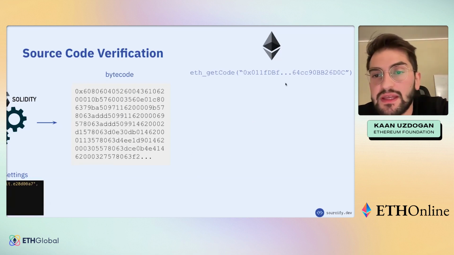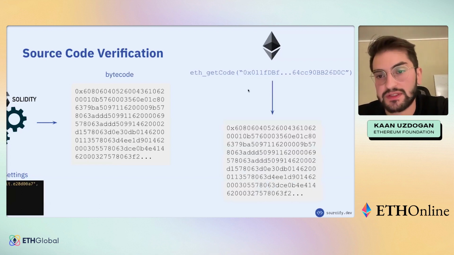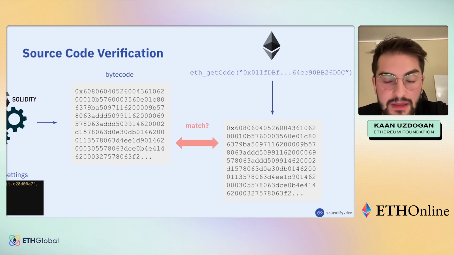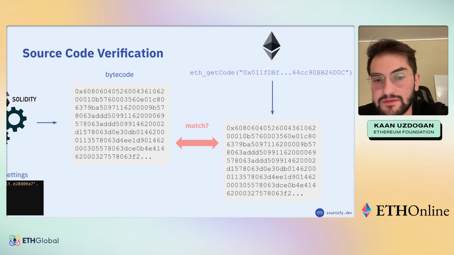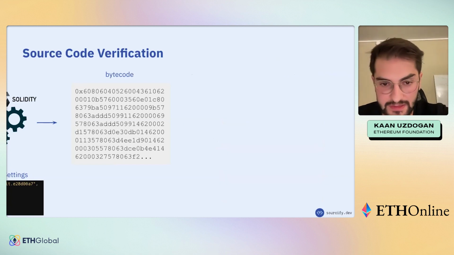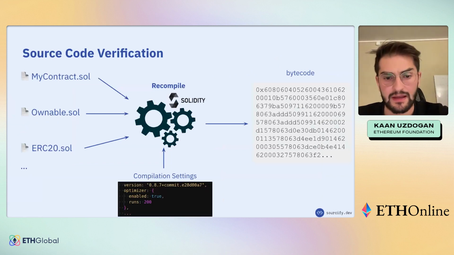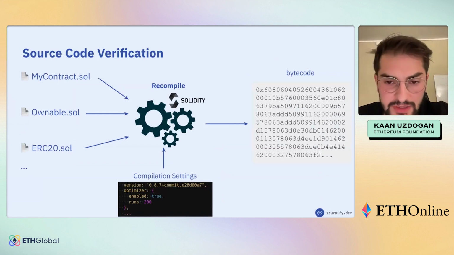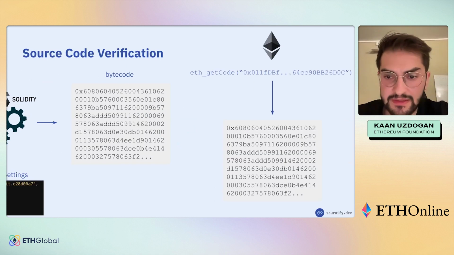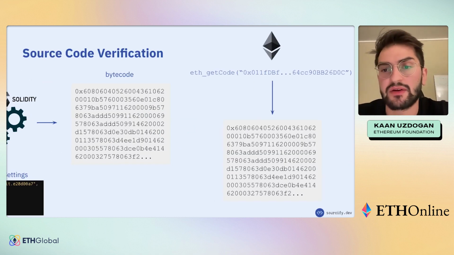For instance, if we have this contract at this address, then we get the code of this contract from the blockchain. Then we see if these codes match. So if these match, then it means the source code you provided in these slides and these settings are actually matching the contract on the blockchain.